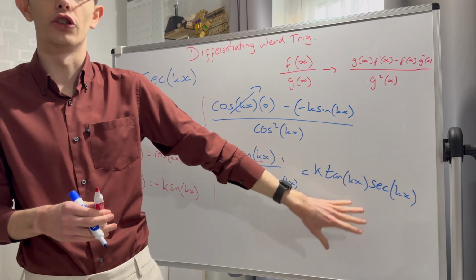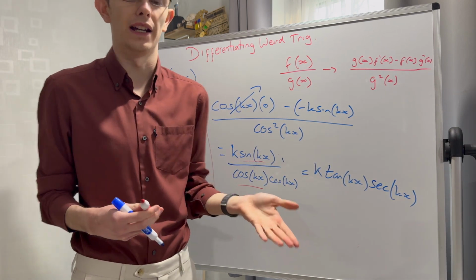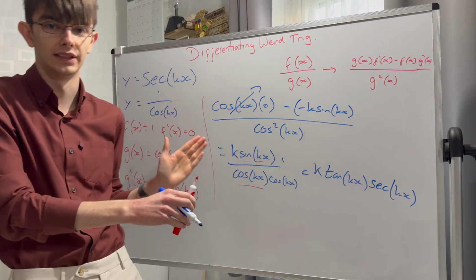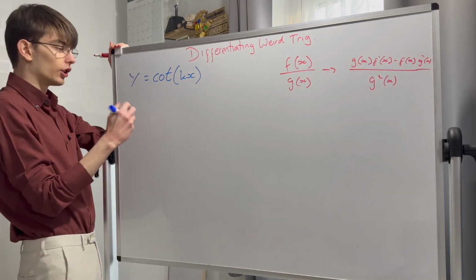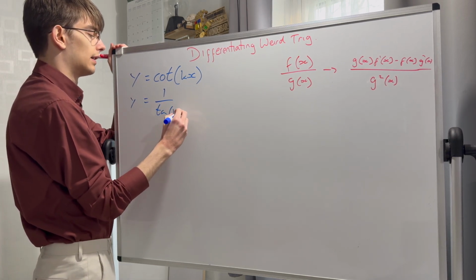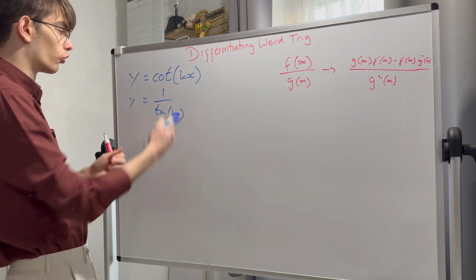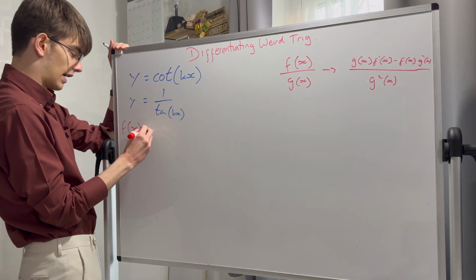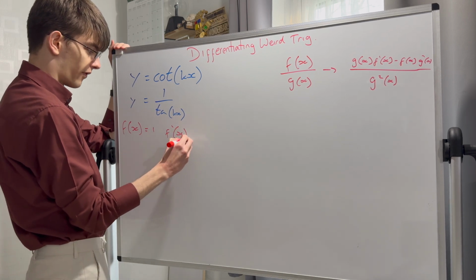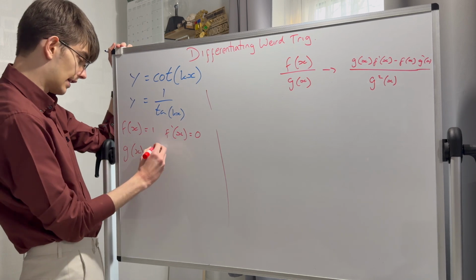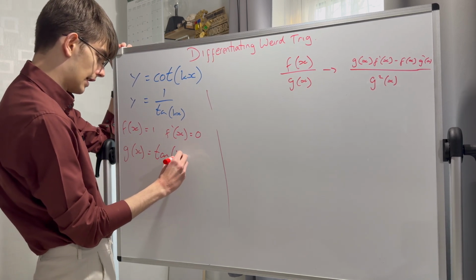Very similar to the cosec one, as would be expected, because realistically, we're just flip-flopping between sine and cos. Now let's do cot. Cot of kx, you know the drill by now. This is 1 divided by tan of kx. Quotient rule, it's a divisor. So let's go. f of x is 1, f prime of x is 0, g of x is tan kx.